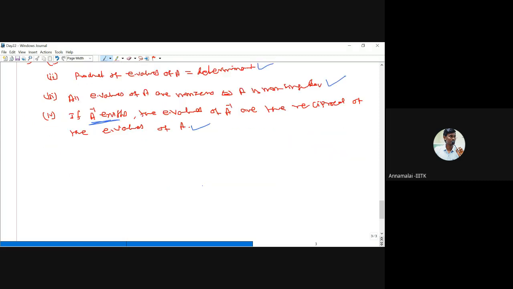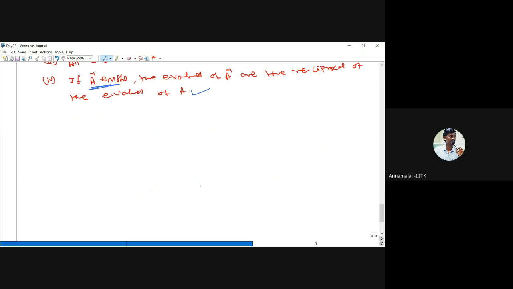For example, if I write that problem, which of the following is a subspace? We can easily check whether this is a subspace or not. So maybe we write the problem. Which of the following is a subspace of R3?